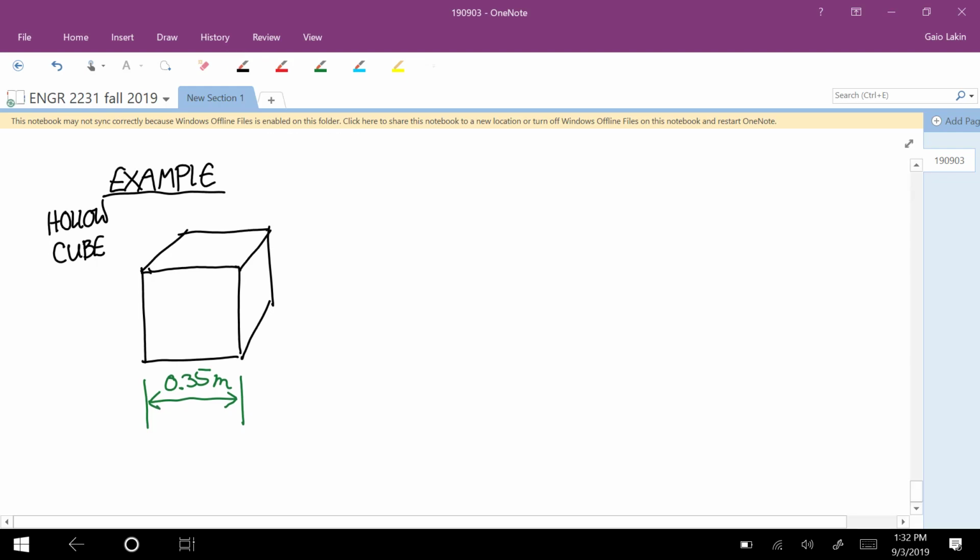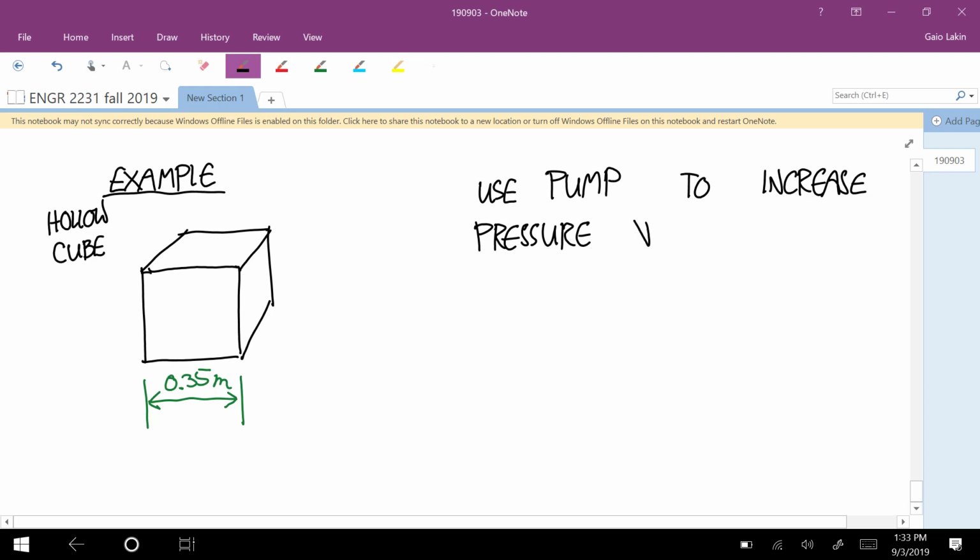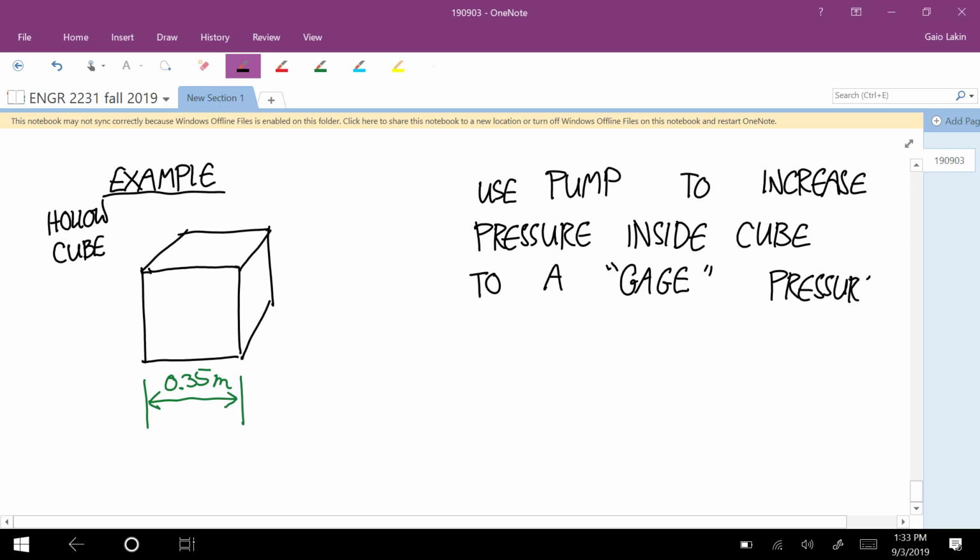And let's say that we use a pump to increase the pressure inside this cube to a gauge pressure of 100 psi.